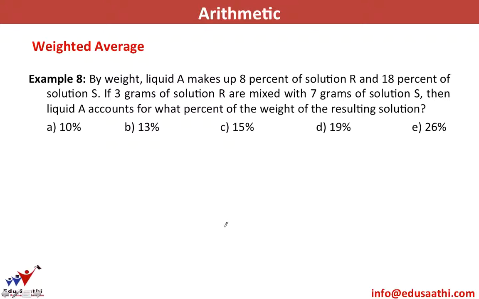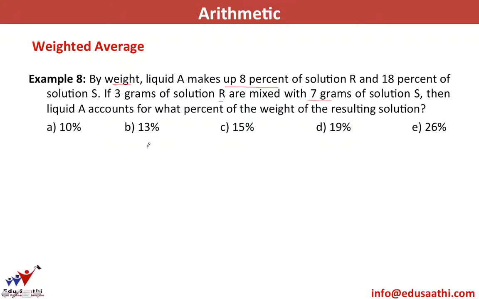Let's look at a question related to weighted average. By weight, liquid A makes up 8% of the solution R and 18% of the solution S. If 3 grams of R are mixed with 7 grams of S, then liquid A accounts for what percentage of the weight of the resulting solution? So what do you have? You have two liquids.